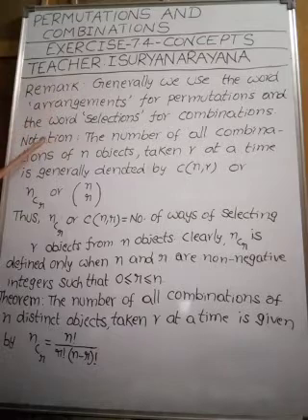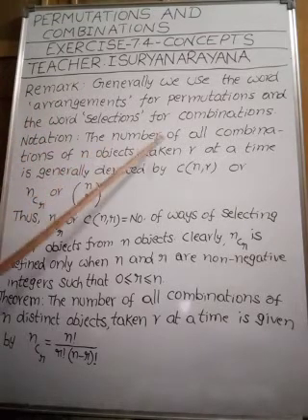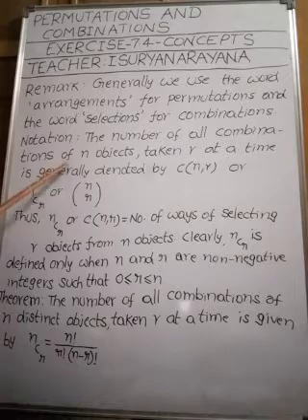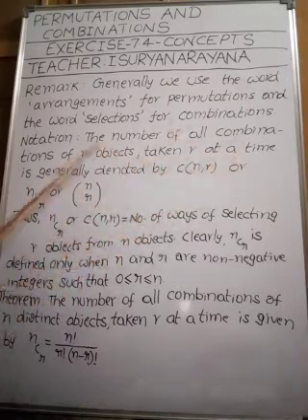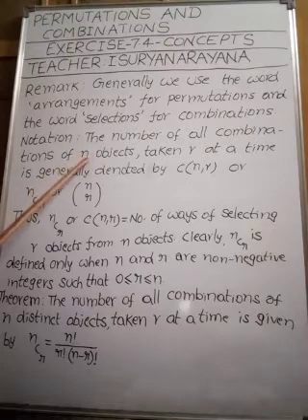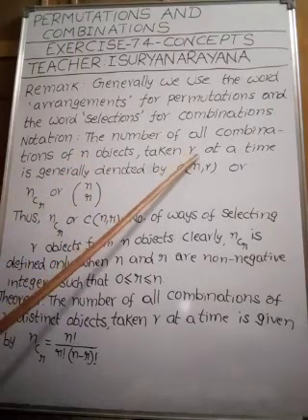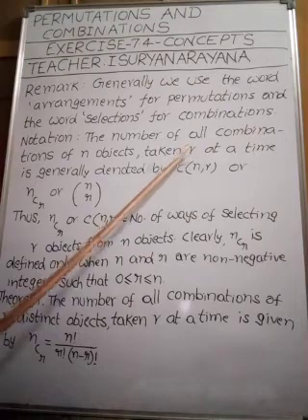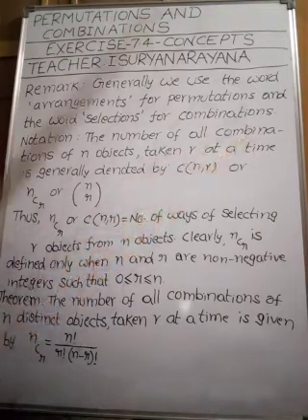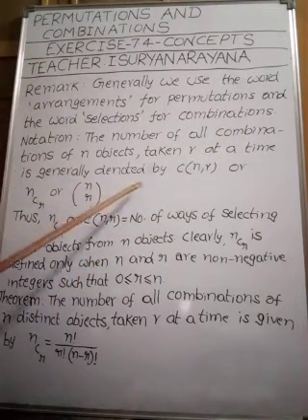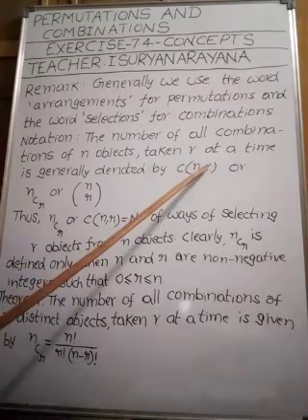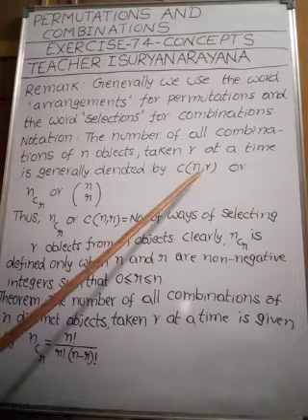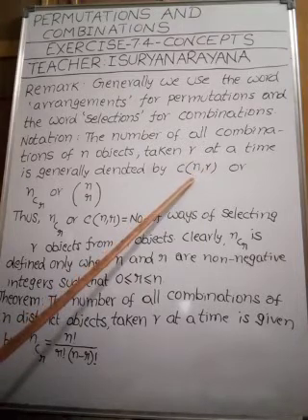Right. Now come to notation. The number of all combinations of n objects taken r at a time. Suppose n objects are there in our hand and we have to select r objects. Then it is generally denoted by C(n, r) in brackets.